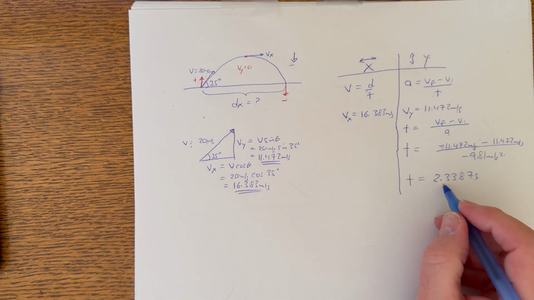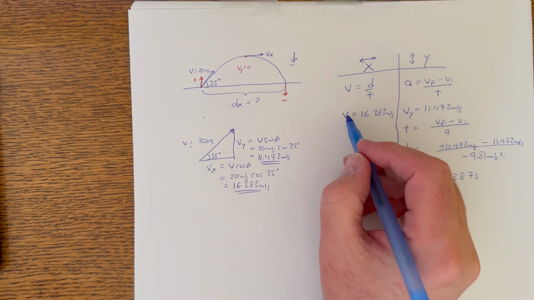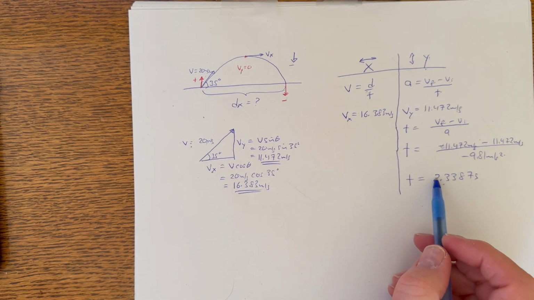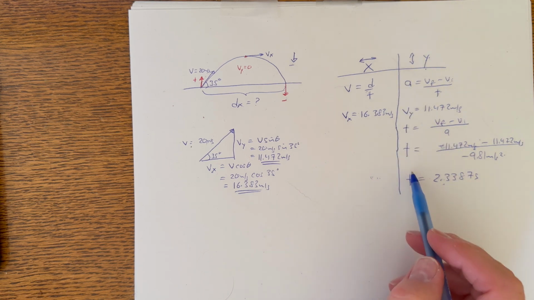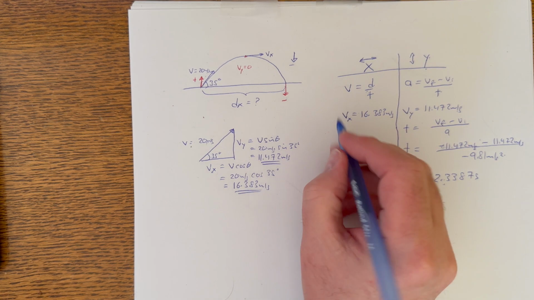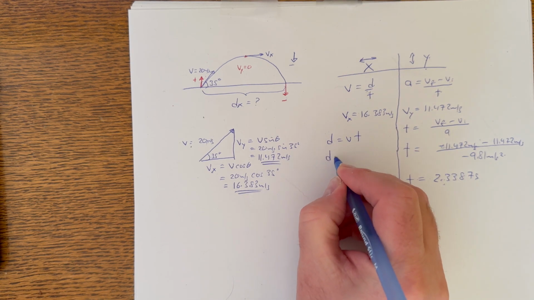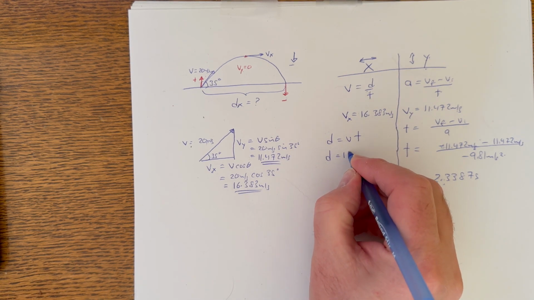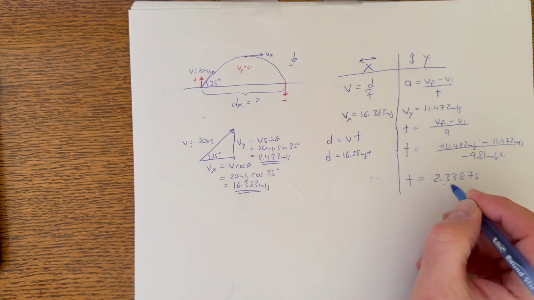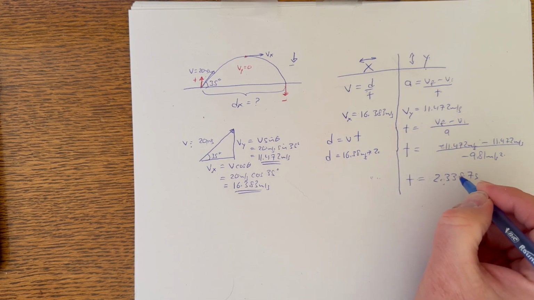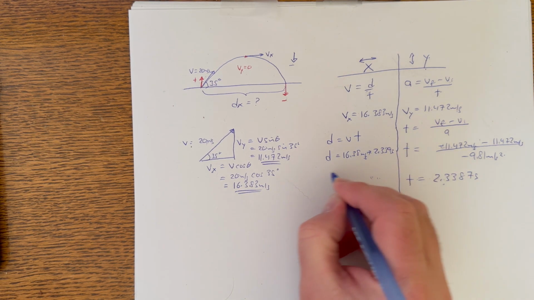Great. So that's the time in the air. The time to go up and down, but it's also the time to go sideways. So over here, I can take this time. Time is the only number you can count on to cross this dimension, this wall. It's a beautiful wall, and time will cross it. D equals 16.383 meters per second in the x dimension, multiplied by the 2.3387 seconds.